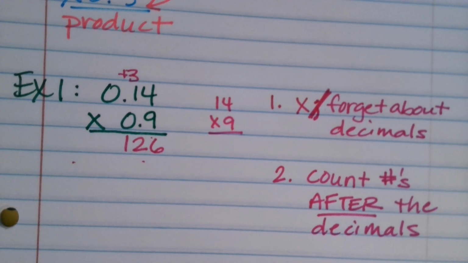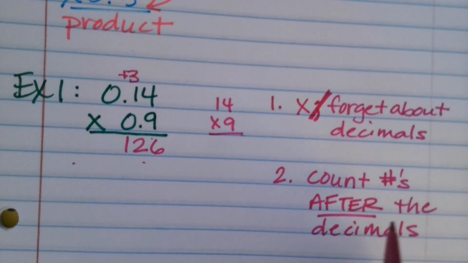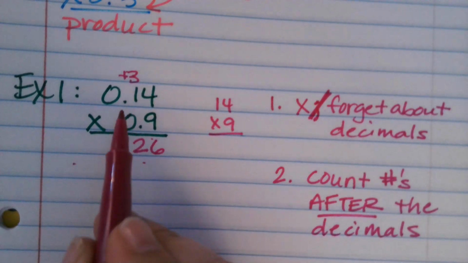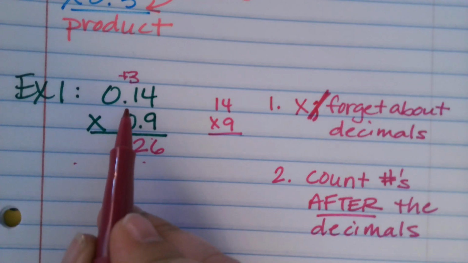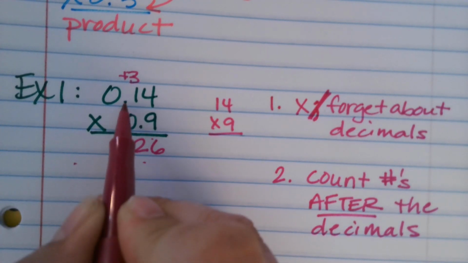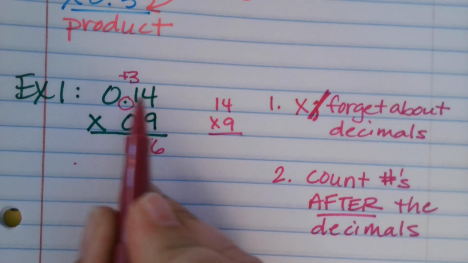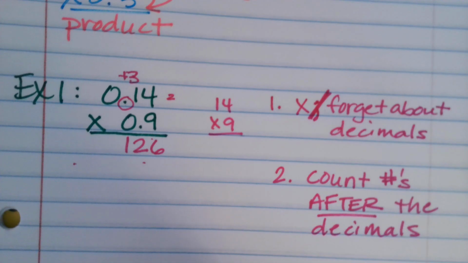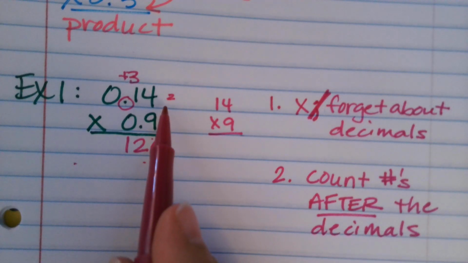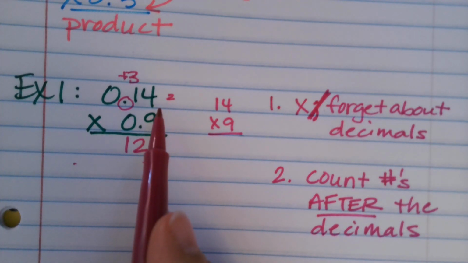So for step 2, after you've just multiplied as though there are no decimals, you're going to count the numbers after the decimals. So look at the first factor, 14 hundredths. Here is my decimal. And then I'm going to count how many numbers I have after it. I have a 1 and a 4. That is 2 numbers. Okay? Now, is everybody with me here? Does everybody understand where that 2 came from? Give me a thumbs up or a thumbs down.